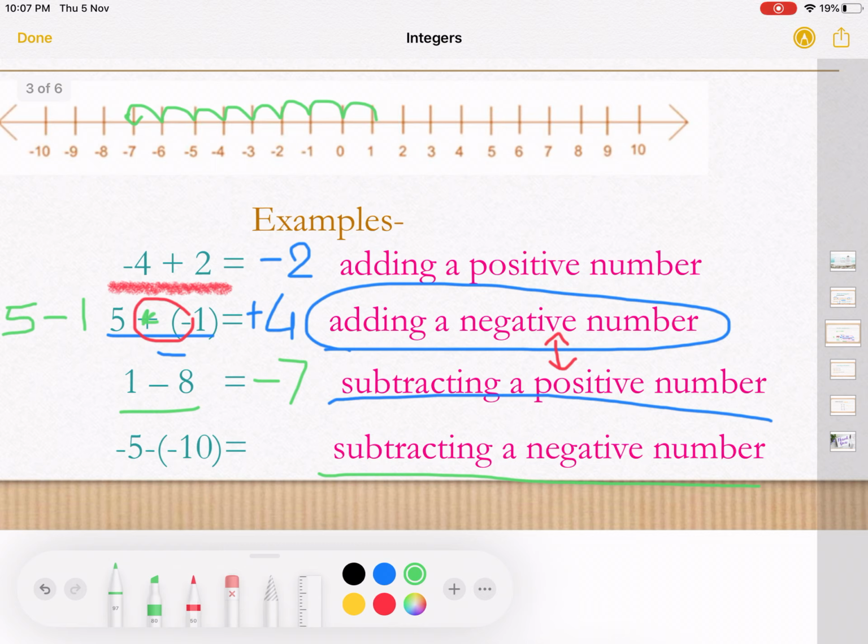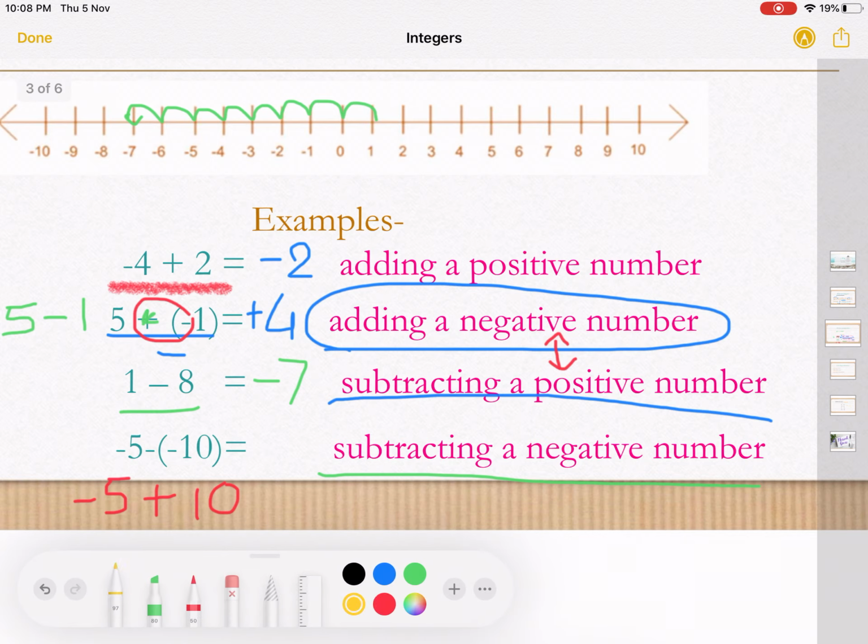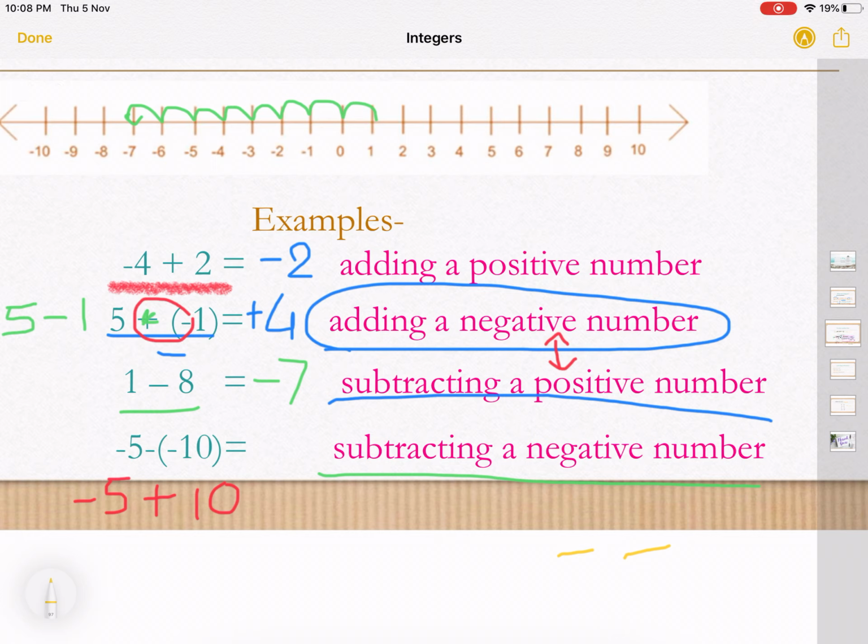Alright, so always remember, whenever two negative signs come together, they form a positive sign, which is plus. And so our sum would actually be -5 plus 10. So you can remember it like that. The two lines of the negative sign come together and make two lines crossing, which is a plus.